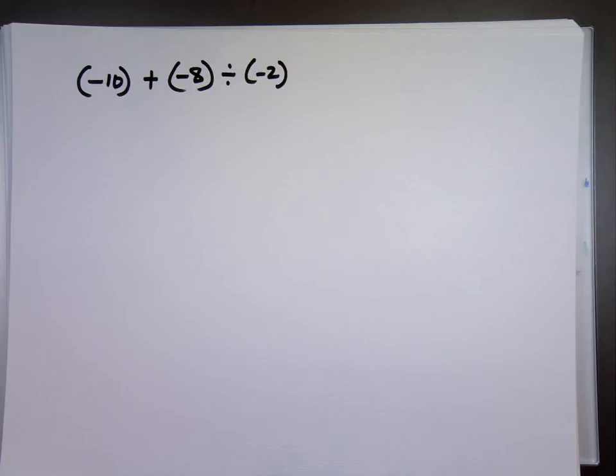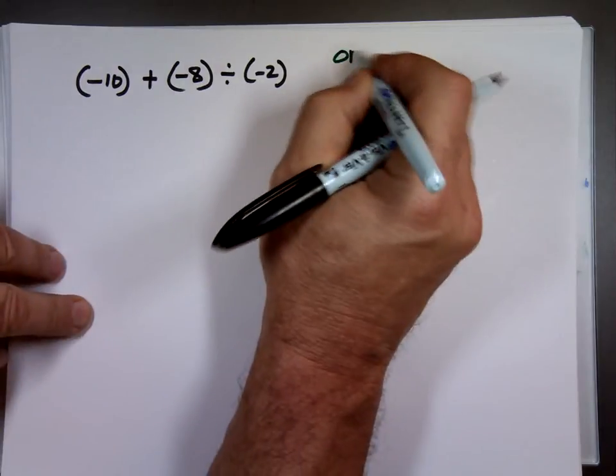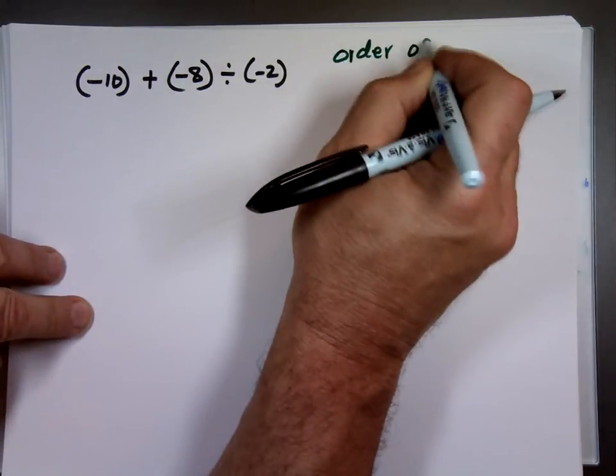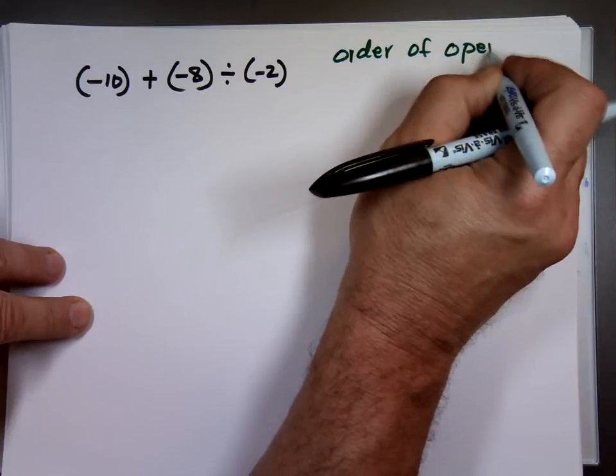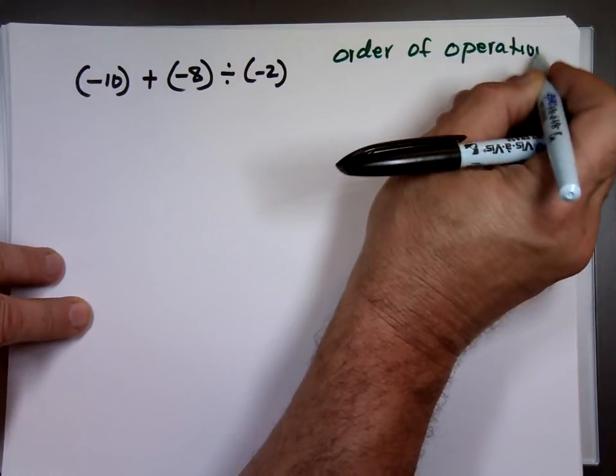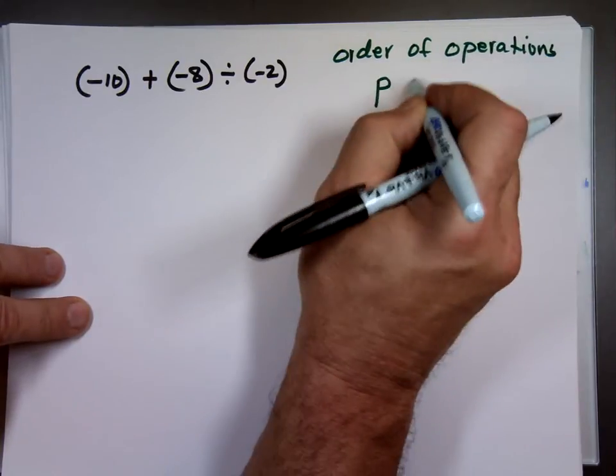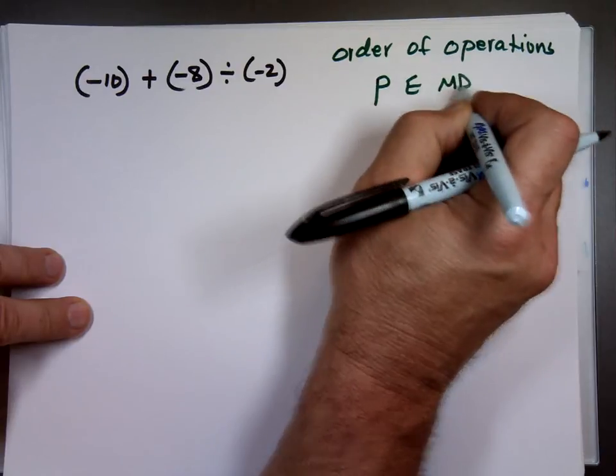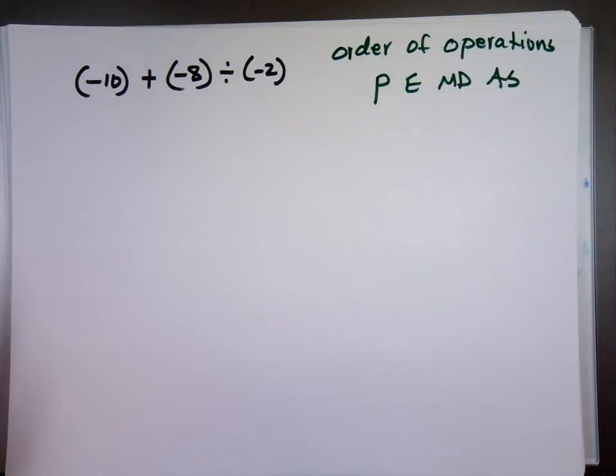Order of operations, exactly. And what's the order of operations? Parentheses. Exponent. You got to do multiplication and division before you can do addition and subtraction. So I got to do this one first.